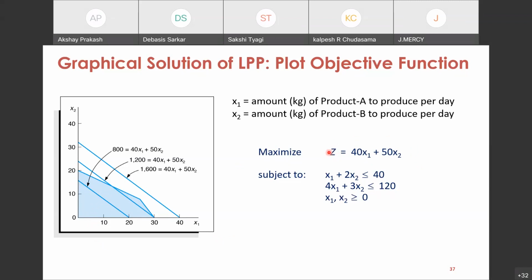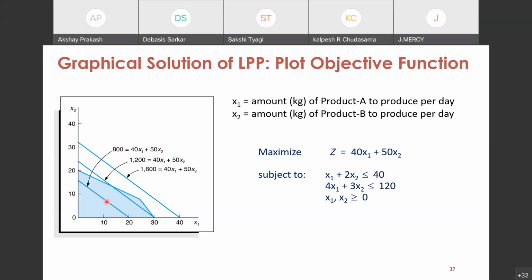Simple geometry. So note that any point on this line will satisfy this equation, right? Will have the value of z equal to 800.